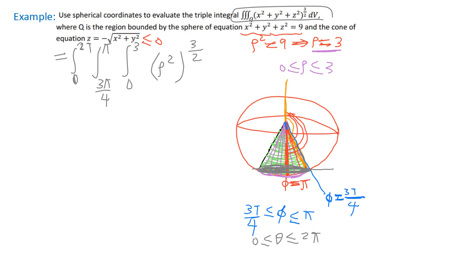And dV is rho squared sine phi d rho d phi d theta.